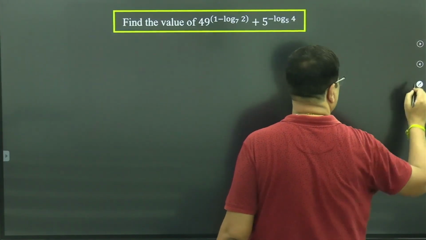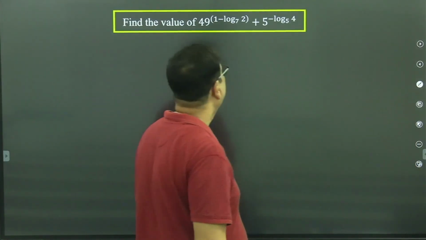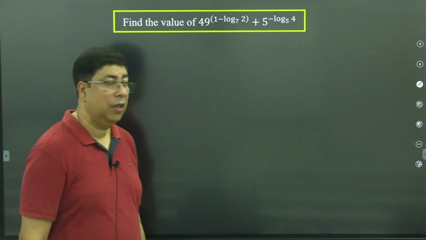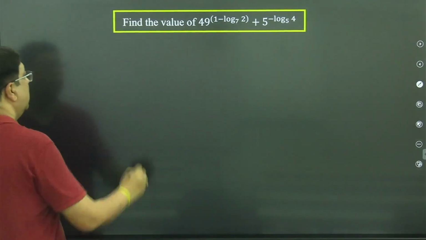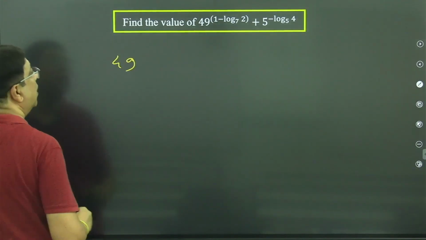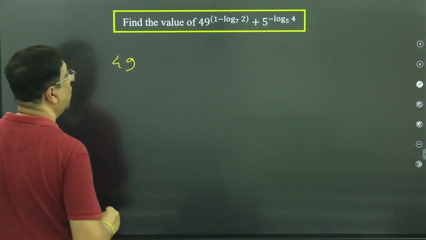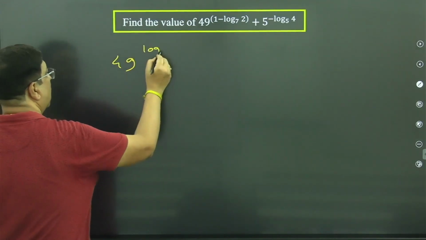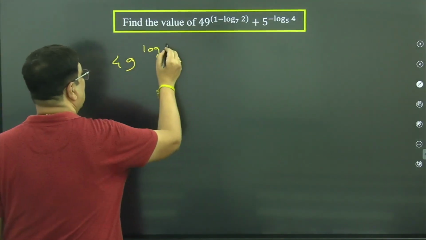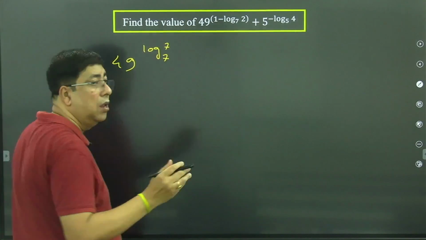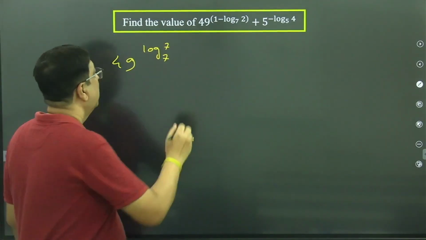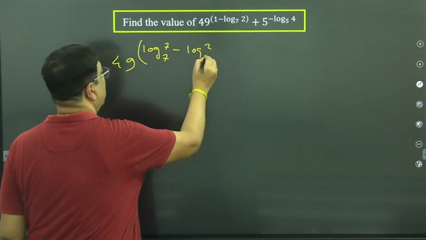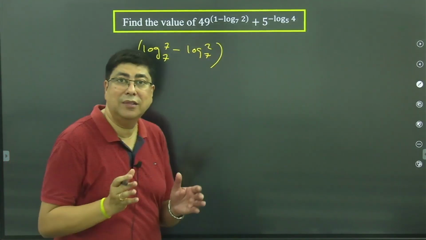In these types of cases, in this sum, we have to find the value of this log. What you do: 49 to the power 1 minus log 2 base 7. Since base is 7, we can write 1 as log 7 base 7. So why am I writing this?